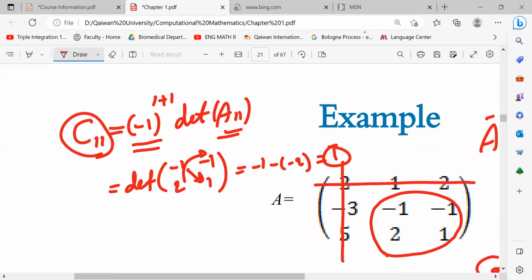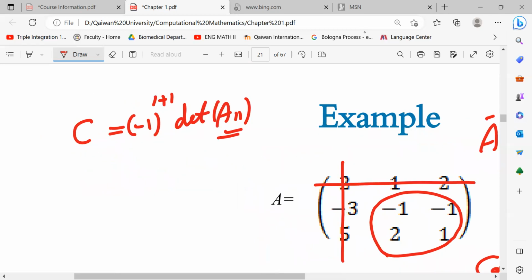And then we find C12. What's C12? We can find all here. Look, -1 to the power 1 plus 2 is -1. So it's minus. Determinant of what?